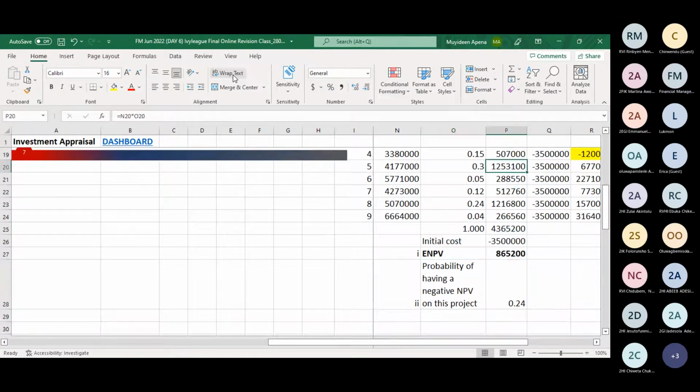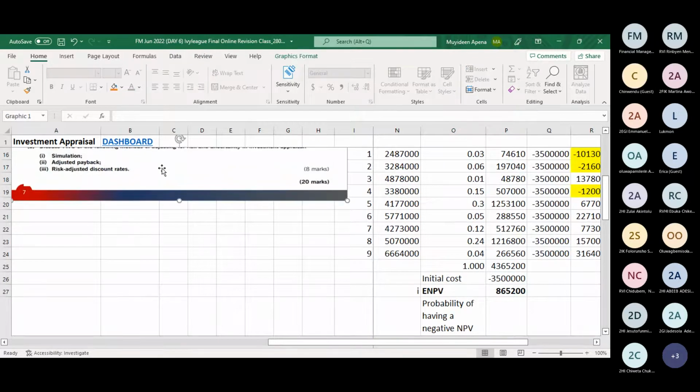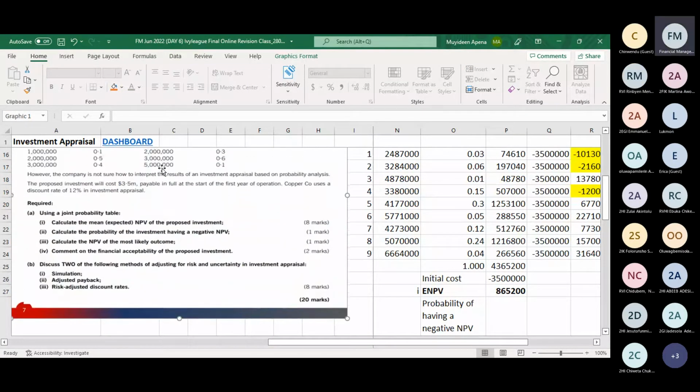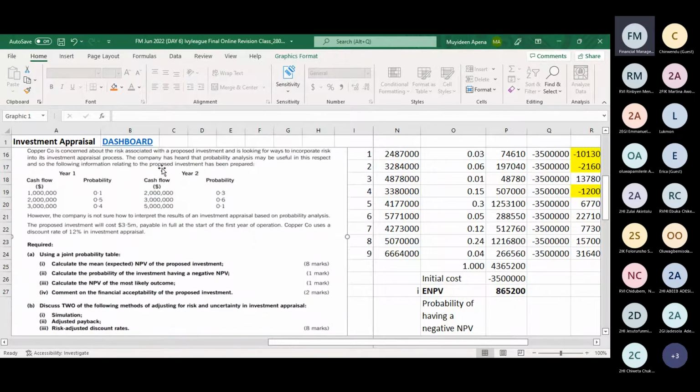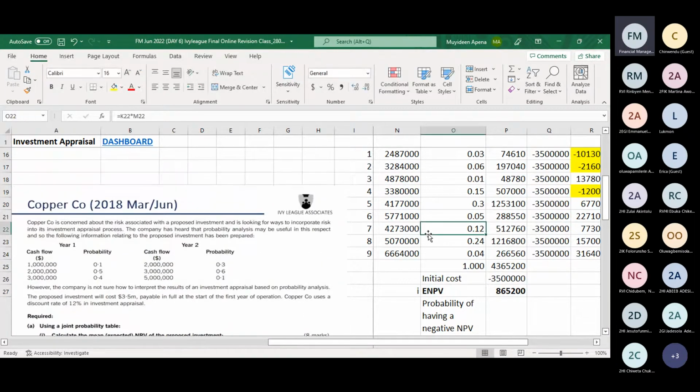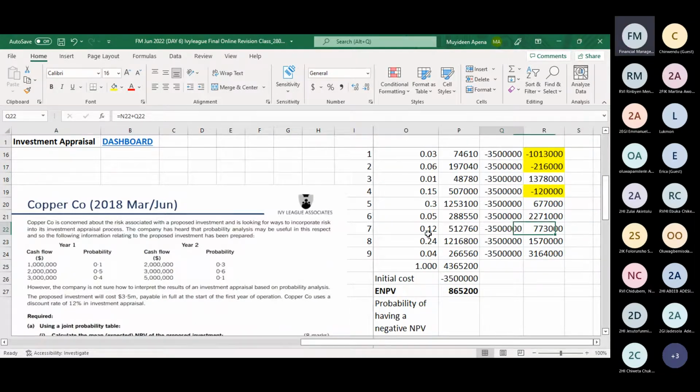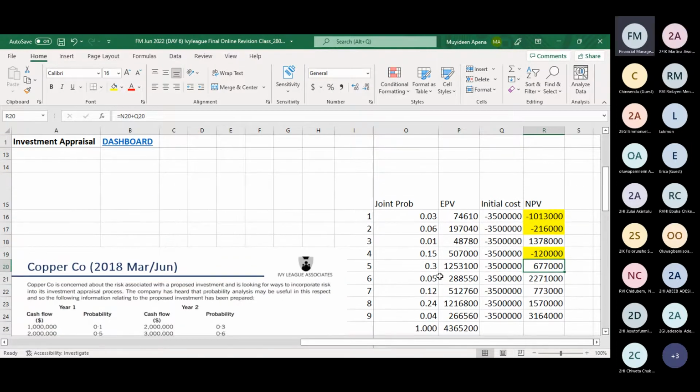Okay, so the next question says, calculate the NPV of the most likely outcome. What is the most likely outcome here? See the outcome here, 677. So the probability of the most likely outcome. Here you have 3%, 6%, 1%, 15%, 30%, 5%, 12%, 24%, 4%.